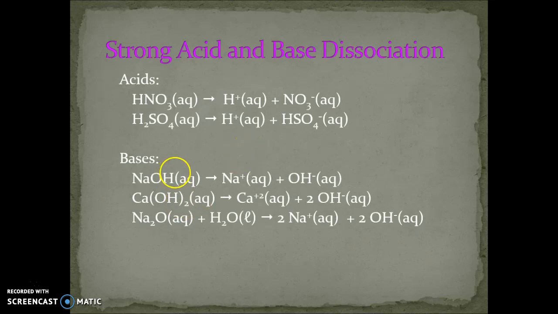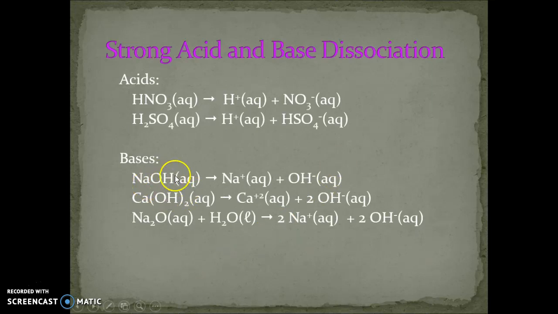Bases lose their hydroxides 100% as well. Notice that you wind up with a mole ratio that is not always 1-to-1 like you have up here in acids. In acids, they're always 1-to-1. One H plus is coming off, and what you're left with is whatever the rest of the formula is. Bases, if they're strong, they're going to lose their OHs completely. And so take note of what's going to happen here.